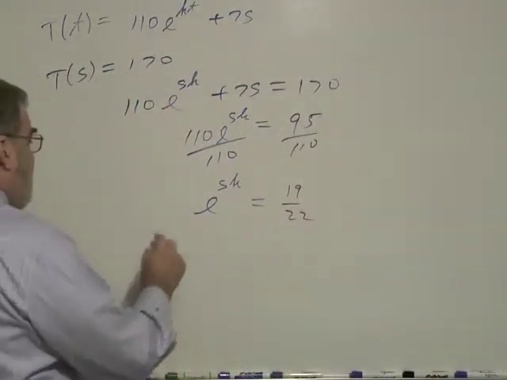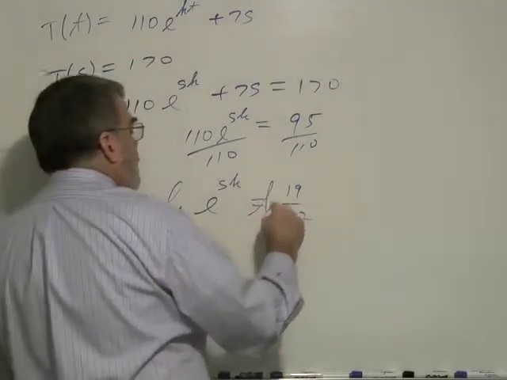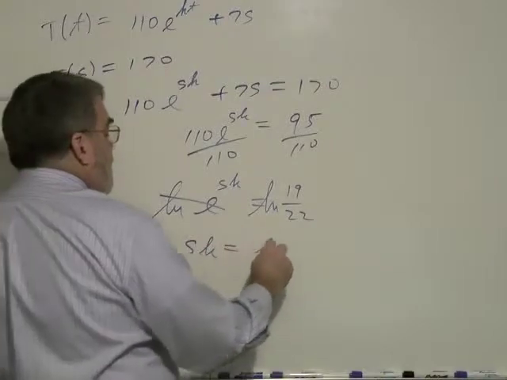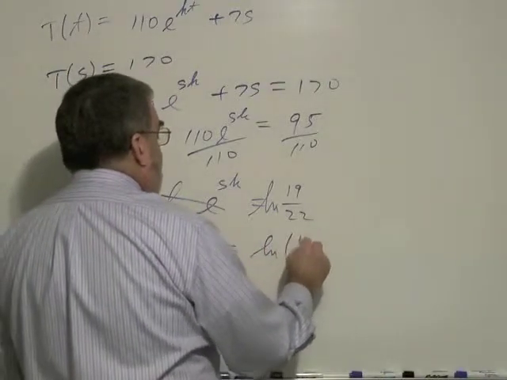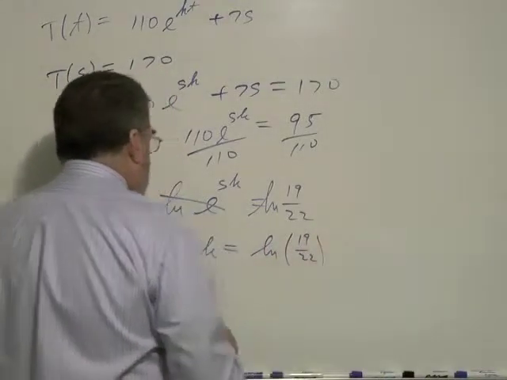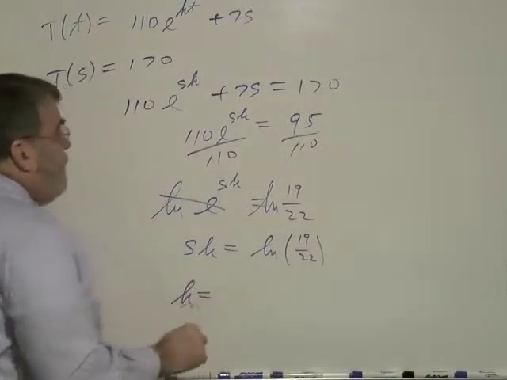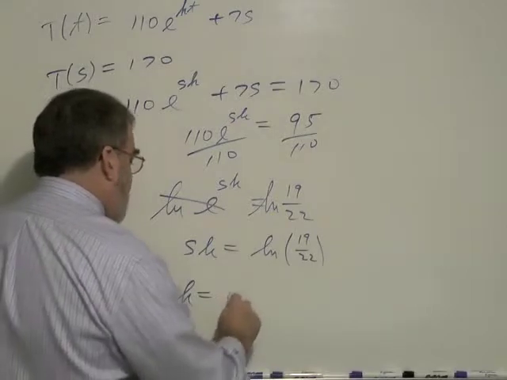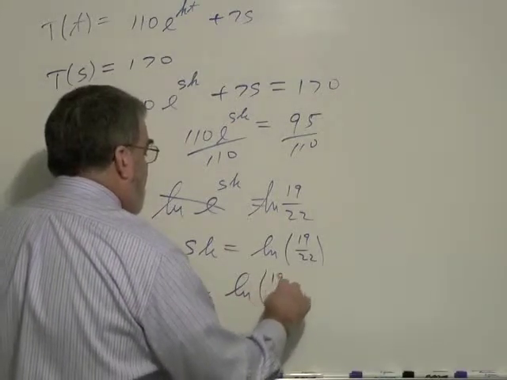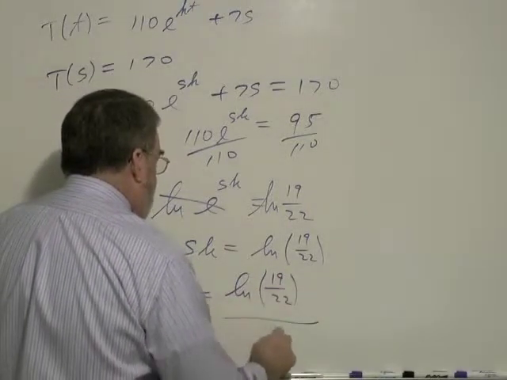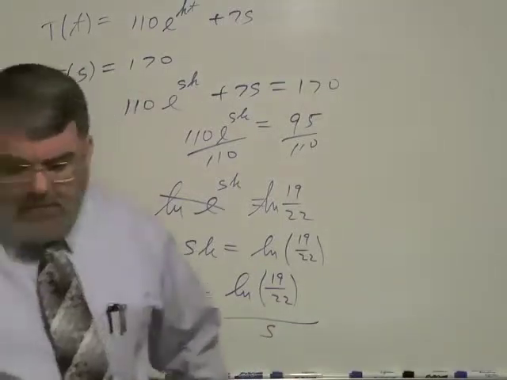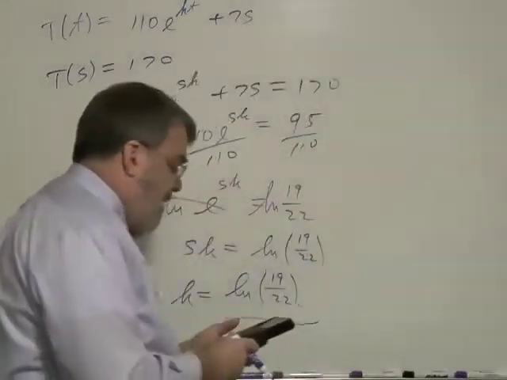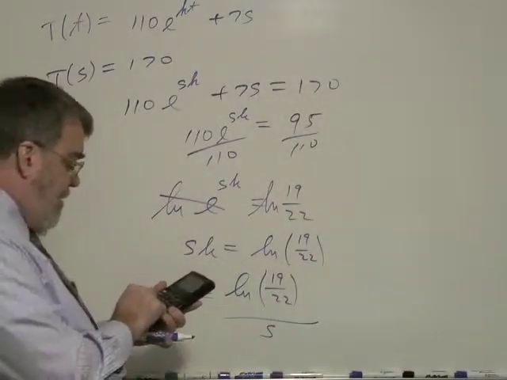Let's take the logarithm of both sides, and this will give us 5k is equal to the natural log of 19 over 22. So k, which is the rate associated with the rate of cooling here, would be the natural log of 19 over 22 divided by 5. Now I believe that's going to be a negative number. So get out the calculator and plug her in.